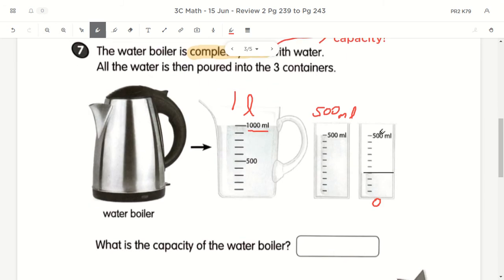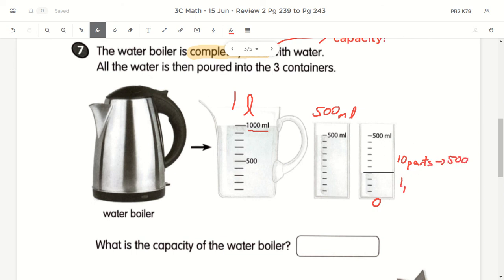Between 0 to 500, you have 1, 2, 3, 4, 5, 6, 7, 8, 9, 10. Again, you have 10 parts over here. Let's write it down. Between 0 to 500, there are 10 parts, and these 10 parts represent 500 milliliters.